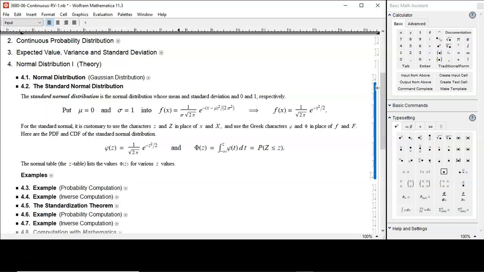Now, there's something called standard normal distribution, and that is really, really important in terms of practical computation. The theory is a little bit difficult, and I do not want to emphasize the algebraic aspect.